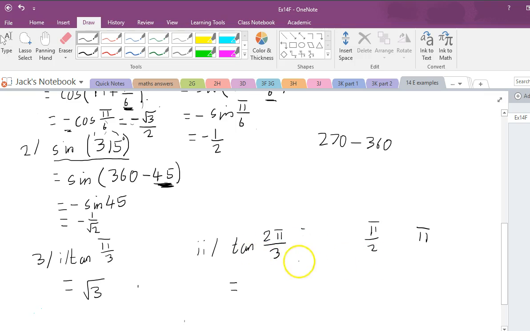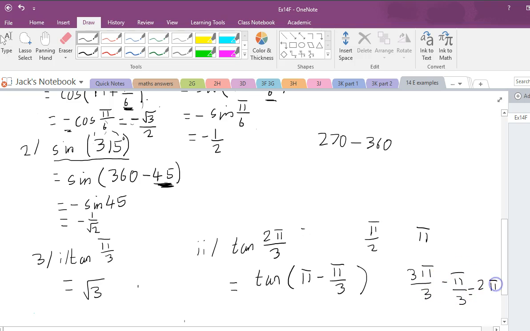Okay, so that's the same as tan of pi minus pi on 3, because 3 pi on 3 minus pi on 3 is equal to 2 pi on 3.